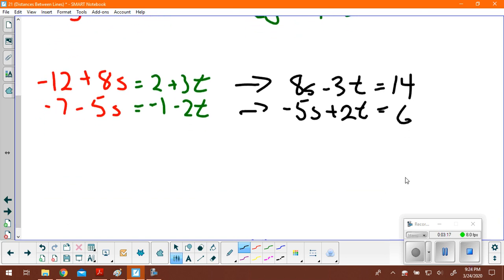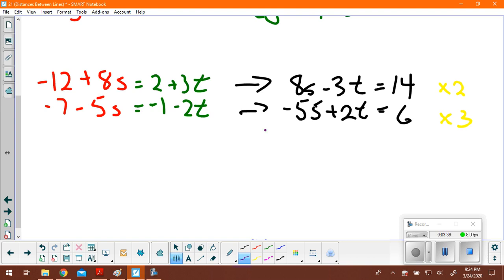For elimination, I need either my coefficients of s or my coefficients of t to match. I can get much smaller numbers if I do t. I can multiply the first equation by 2 and my second equation by 3, and I have 6's in both positions.